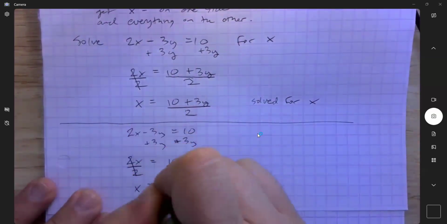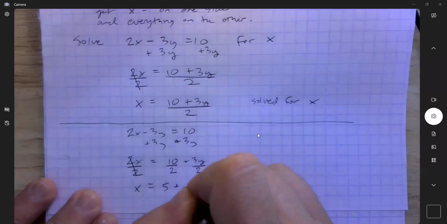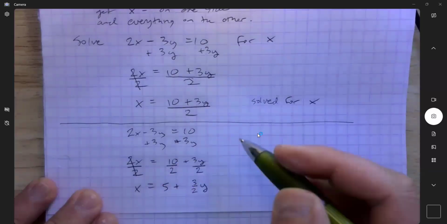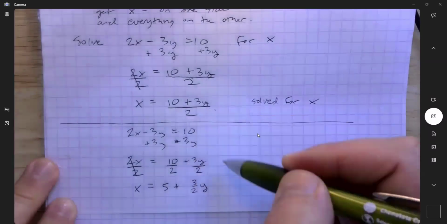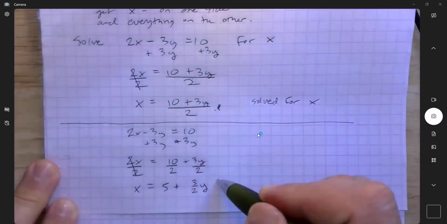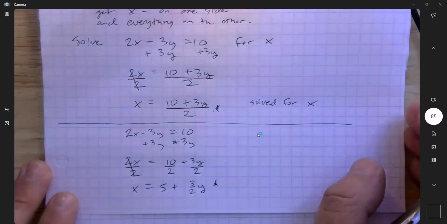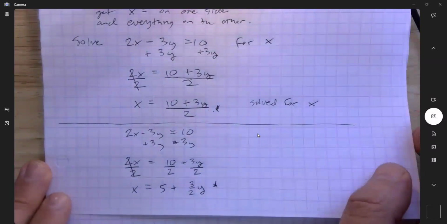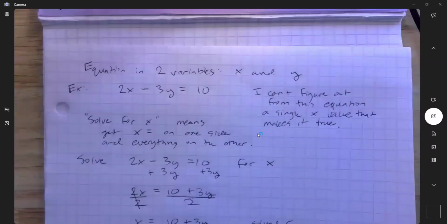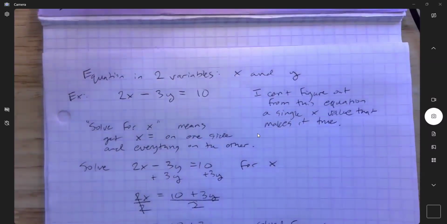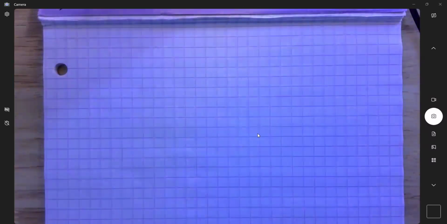And I have x equals 5 plus 3 halves y. These two are equivalent to each other, but they look a little bit different. Either one is correct, so either one is okay. And that's how you solve a literal equation, or solve an equation in two variables. Let's just do a couple more examples.